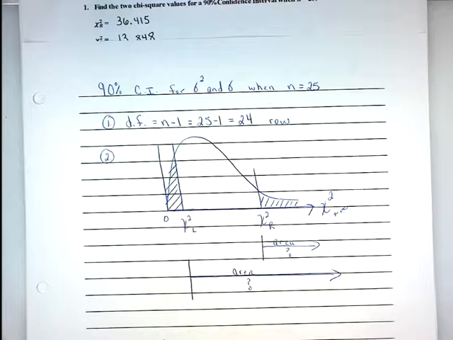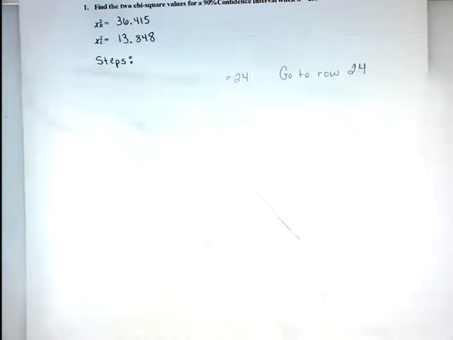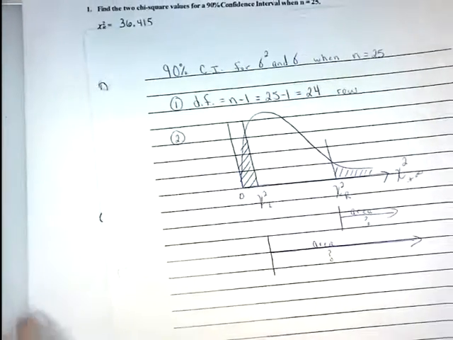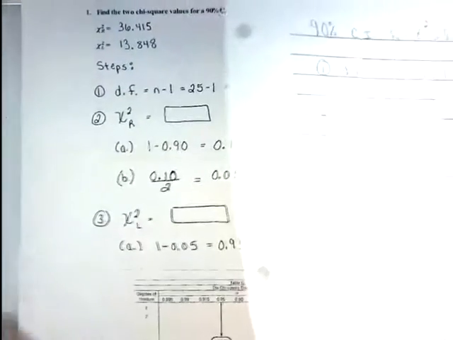We go to row 24 regardless, but the area above these unknown chi-square values will be the columns that we need to go to. With the rest of the picture, I would say that your 90% degree of confidence is going to tell you a lot of information.